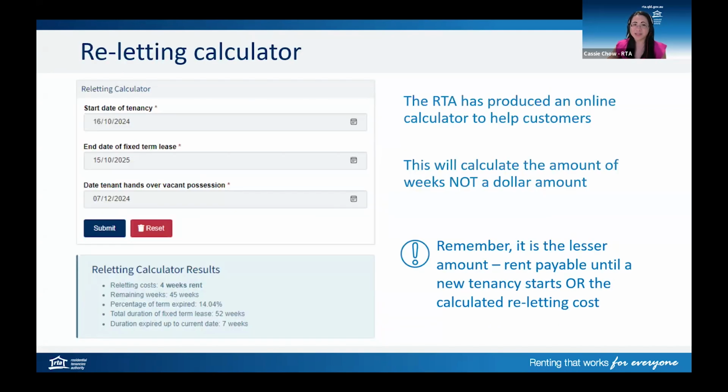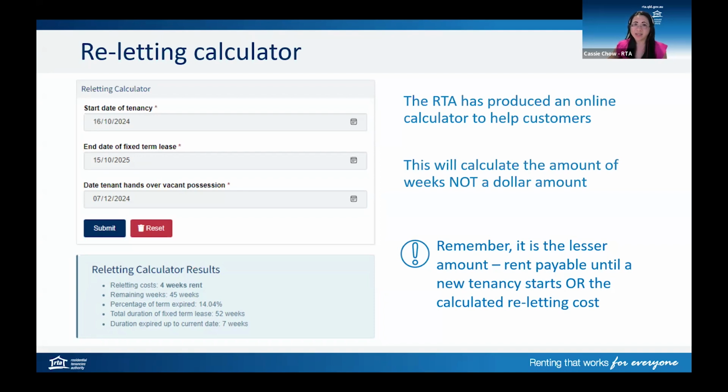To help our customers, the RTA has produced an online calculator to assist in working out the amount of weeks that have expired at the time a tenancy ends. I'd like to emphasize that the calculator is not going to do a dollar amount, but instead it helps with calculating the remaining term based on the information that you provide.